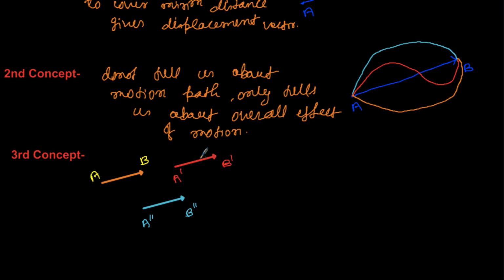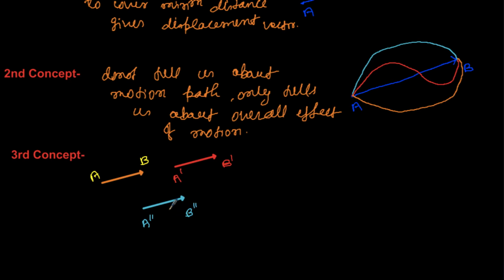Here you see that A dash to B dash has the same magnitude as A to B and the same direction, and similarly A double dash to B double dash.